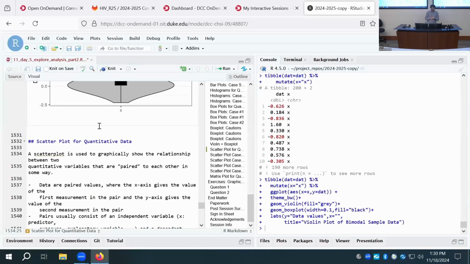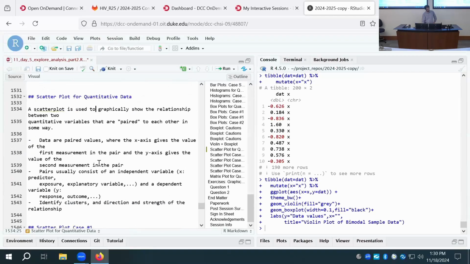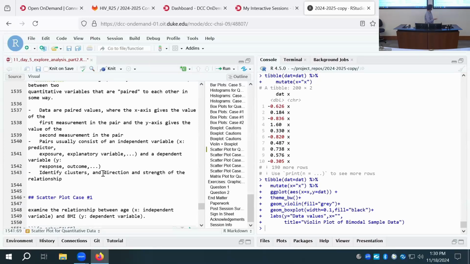The x-axis gives one value, the y-axis gives the other value. We typically think of one as the predictor or the independent variable of interest, that we're trying to say something about the y variable. So it's helpful in identifying the direction of association, potential clusters of data, and whatnot.